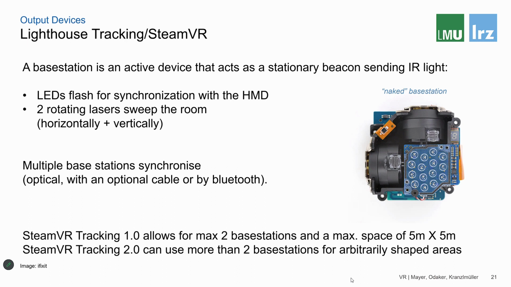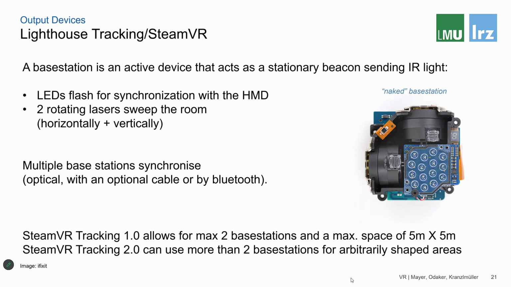So a base station is actually an active device, so it needs power, but it's just a stationary beacon, and it is giving off light. That is all that it does. It does not do any tracking by itself. So you need to power it, but you do not connect it in any way to a PC for tracking. The new ones have a connection via Bluetooth, so they can do firmware updates, but it does not provide any tracking data.